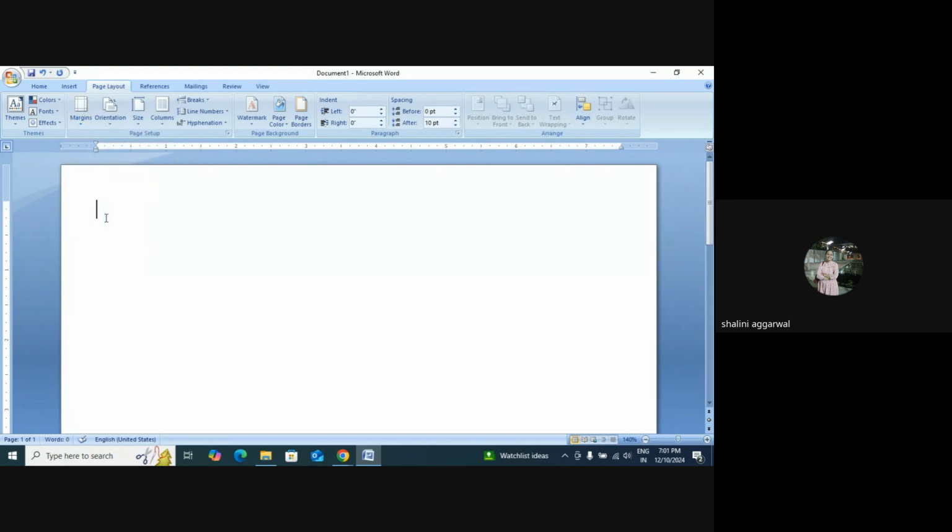So yesterday we talked about how to write the synopsis and what are the different parts of synopsis. We talked about the review of literature. What is the first step to write the synopsis?